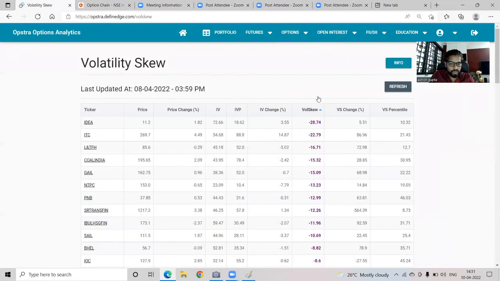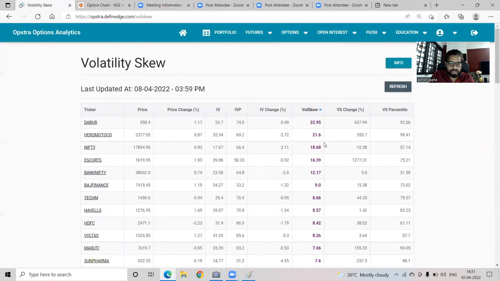Shall we look at more on the call side, or shall we look at put side skew? So Hero Moto, obviously because of that news, there's a good put side skew. I don't think any other trade looks good to me on the ratio side, on the put side.